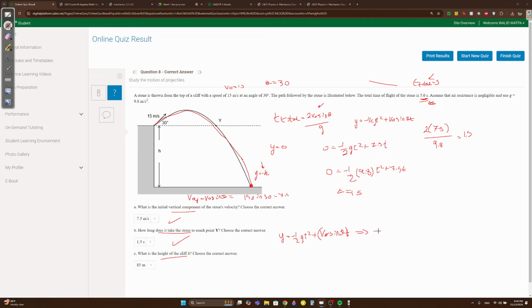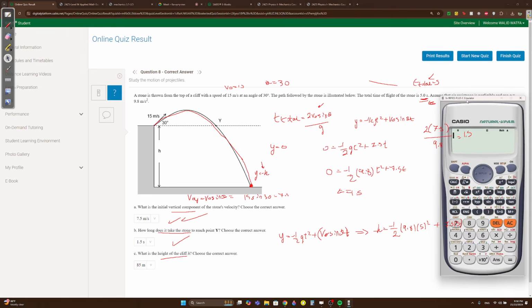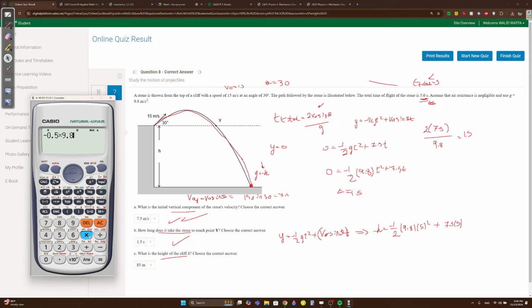So you substitute y as minus h is equal to minus half 9.8 times 5 squared plus v naught sine theta, which is 7.5 from part A, times 5. On the calculator: minus 0.5 times 9.8 times 25 plus 7.5 times 5, you get minus 85. So minus h is equal to minus 85, so h is equal to 85.